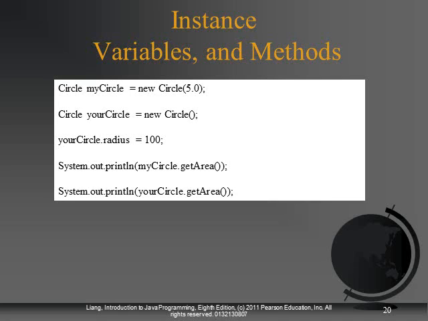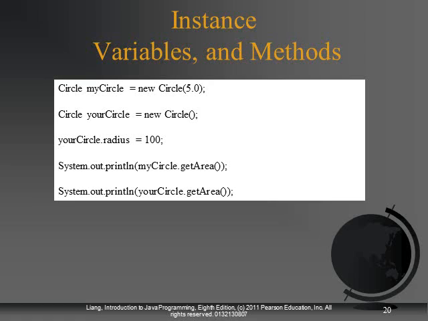Now, our second instance in this program snippet, yourCircle, is another instance of the Circle class, and it has an instance variable that belongs to it. So myCircle has a radius of 5, and yourCircle has a radius of 100.